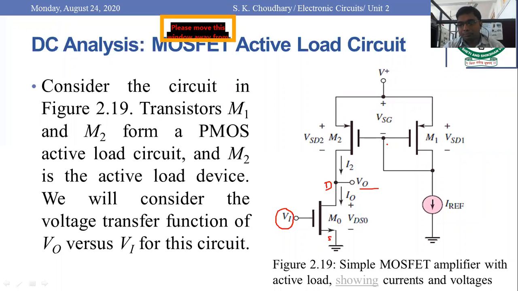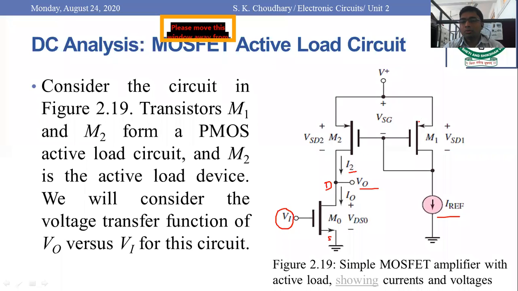This is I reference as an input current of M1, and that would be mirrored and induced on M2, and it would be reflected as I2. And I2 and I reference are nearly similar here as per the phenomenon of current mirroring.